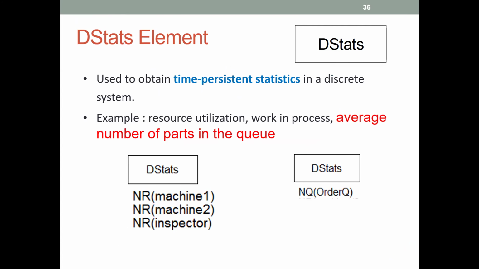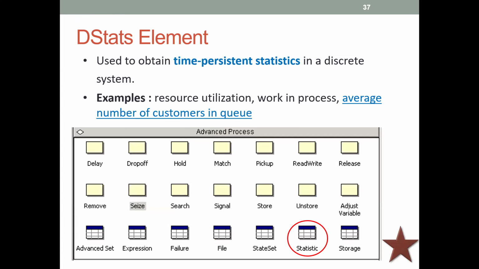For time persistence statistics, this is what we've been doing. Now we're gonna set up those in the statistic module. So I'm gonna show you how to do that today. But the statistics, all of them are gonna be coded inside this module within the advanced process.